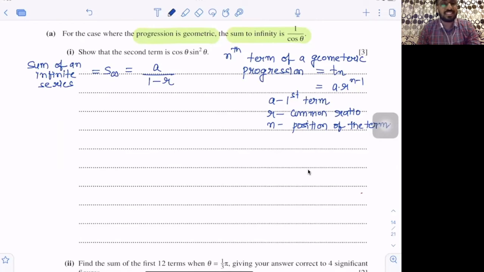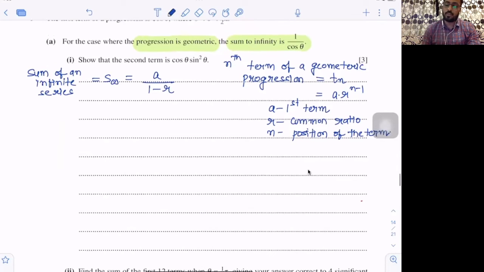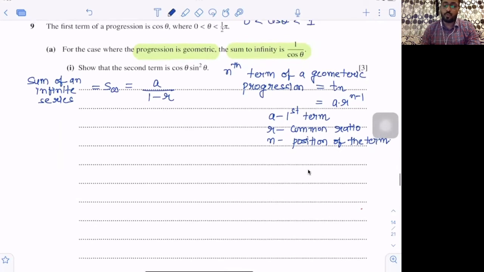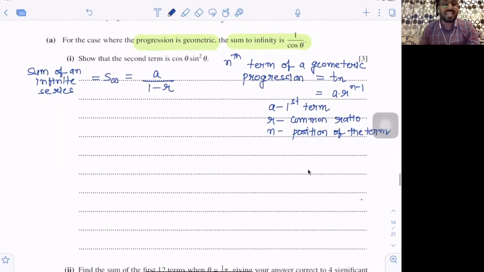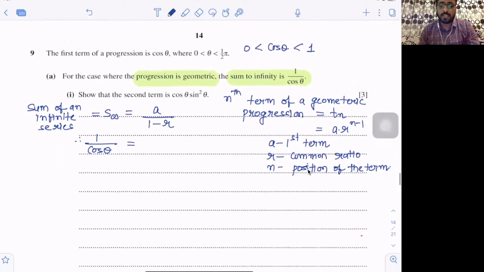You know what is a, right? a is the first term and r is the common ratio. So I am told that the sum up to infinity is 1 upon cos theta. So S infinity is 1 upon cos theta. So I can write here 1 upon cos theta is equal to a. a is the first term, right, students?